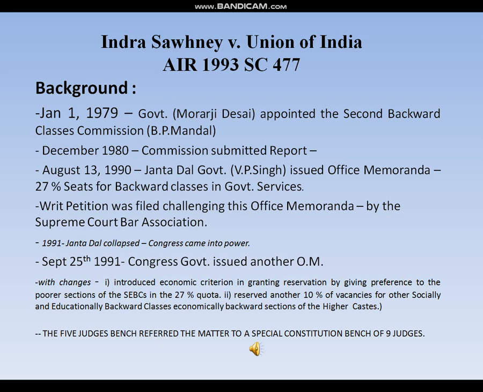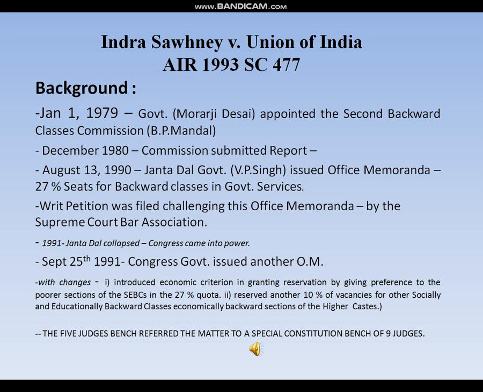The Congress party, with Sri P.V. Narasimha Rao, issued another office memorandum on September 25th, 1991, but it made 2 changes in the existing one. Number 1, it introduced economic criteria.